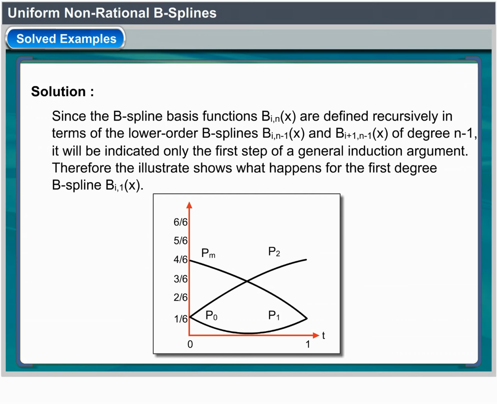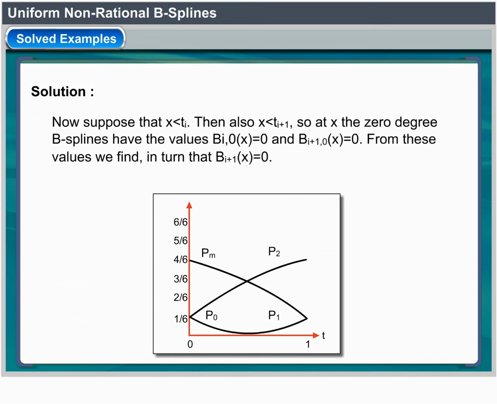Now suppose that x is less than t_i, then also x is less than t_{i+1}. So at x the 0 degree B-splines have the values b_{i,0}(x) equals 0 and b_{i+1,0}(x) equals 0. From these values we find in turn that b_{i,1}(x) equals 0. Now suppose that the knot set is non-repeating.